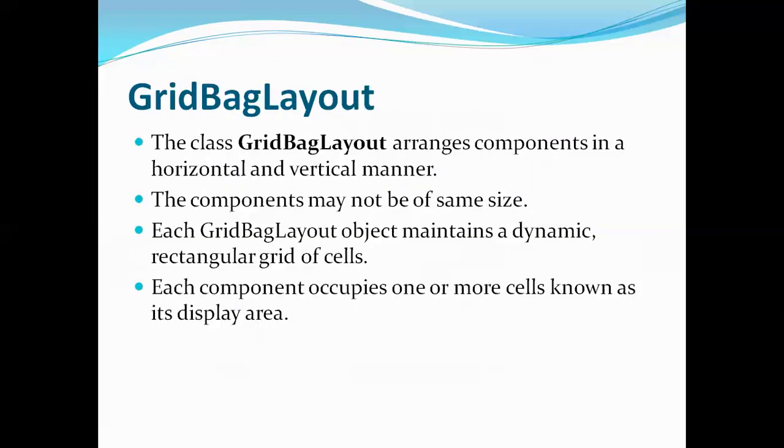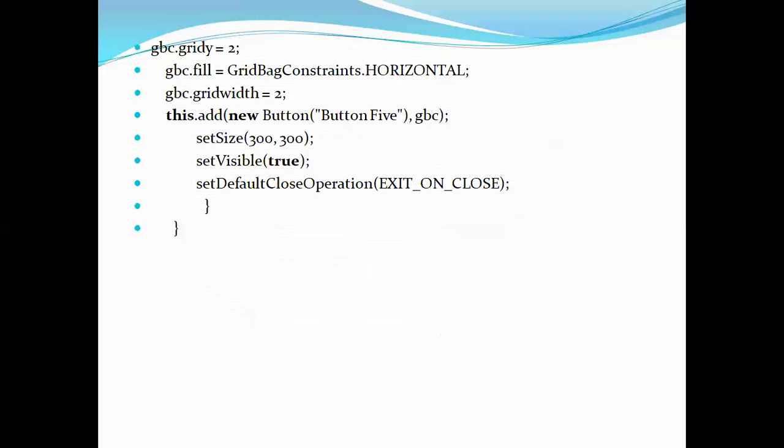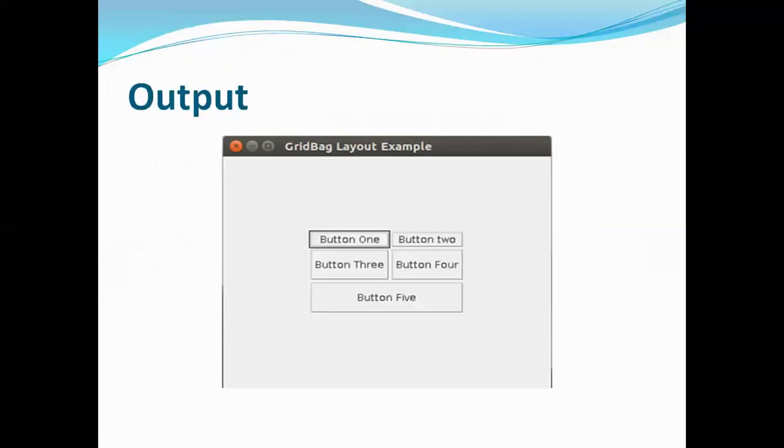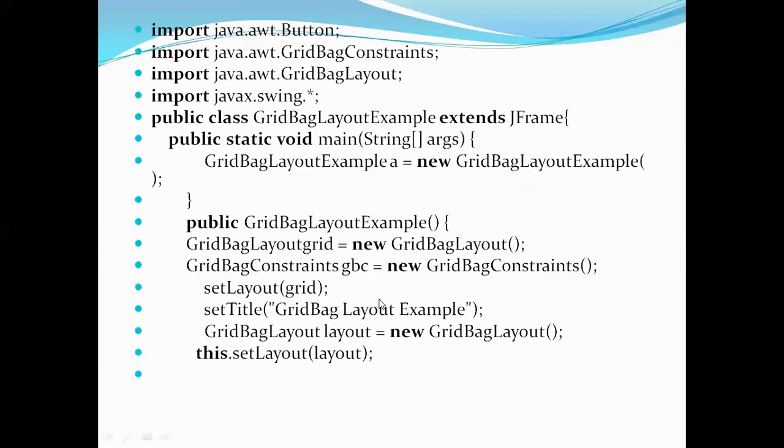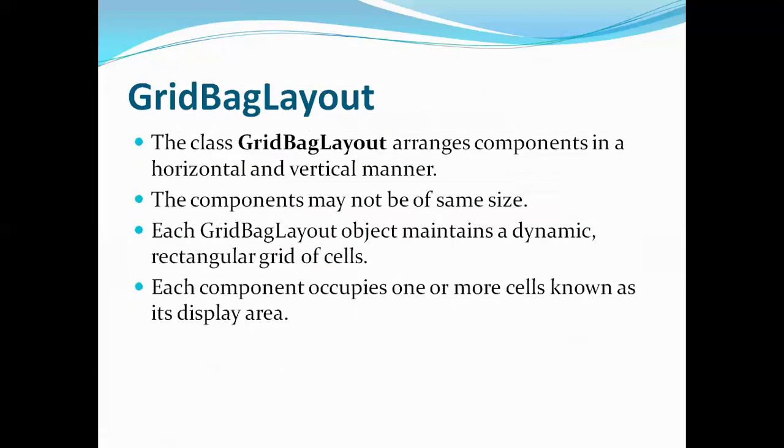Whereas in grid bag layout, you have the facility of arranging components of variable sizes. If you observe here, the first row components are of the same size, whereas the second row is different, and the third row is entirely different from the previous two. Likewise, you can arrange components of variable sizes in the grid format. That is called grid bag layout. Now, let's see the definition.